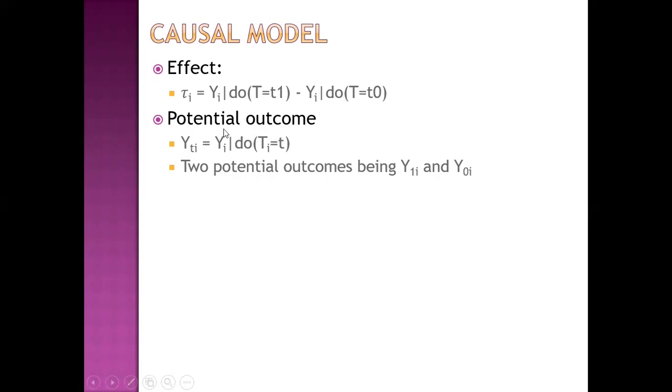And potential outcome is the outcome variable of unit I, Y sub I given do T sub I equals t. And there are two potential outcomes. One is Y sub 1I, another is Y sub 0I.